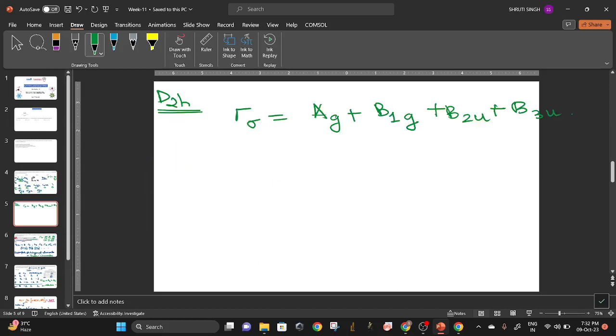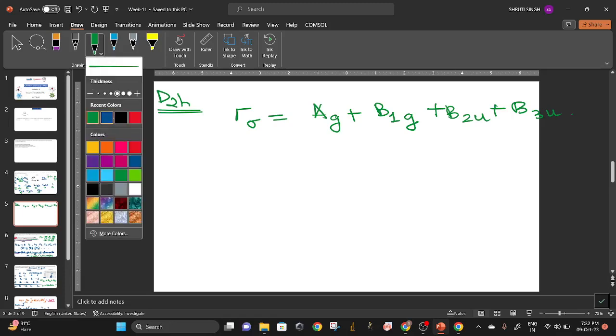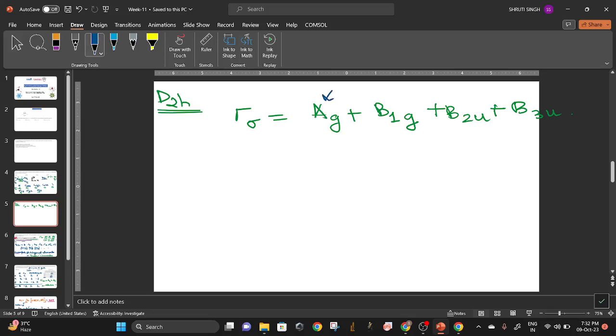To generate the SALC, we are using the projection operator. With the projection operator, we need to find the linear combinations of atomic orbitals which have the symmetry Ag, B1g, B2u or B3u.